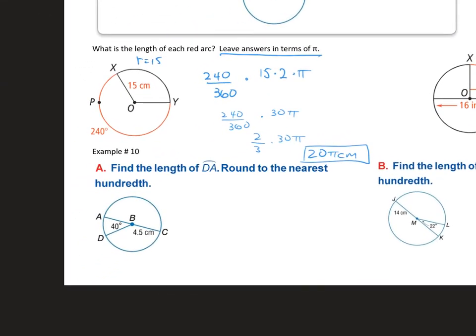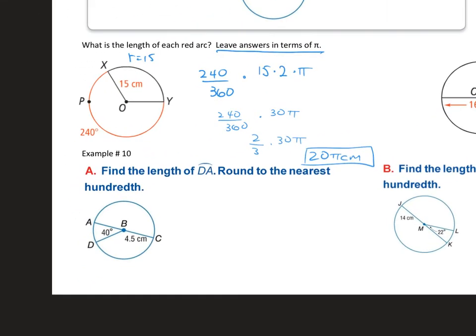Okay, like I said, in example 10 they're going to have me round, and they want me to find arc DA. So if I look right here, DA is 40 degrees. So 40 out of 360. And this time they tell me that the radius is 4.5. So 2 times 4.5 times pi. So I'm going to do 40 divided by 360.